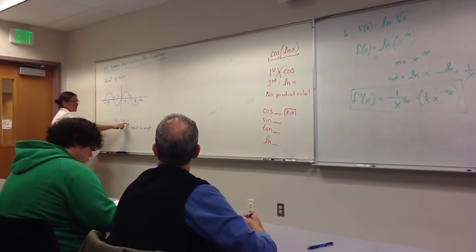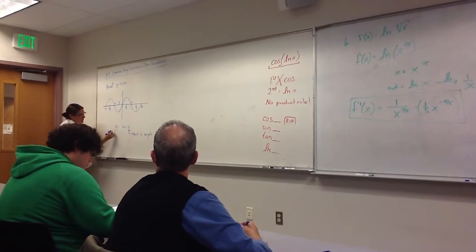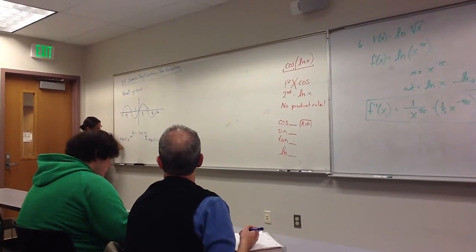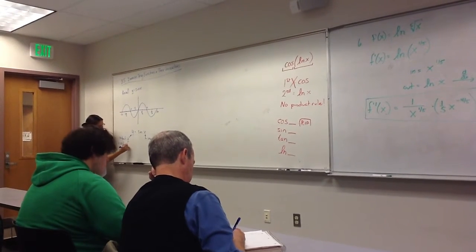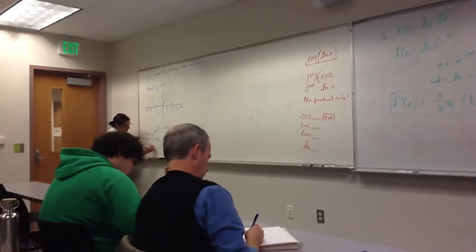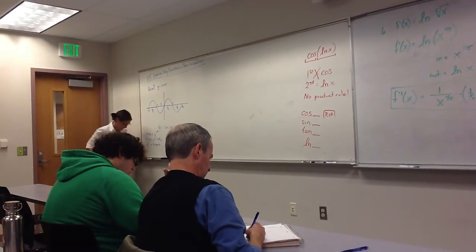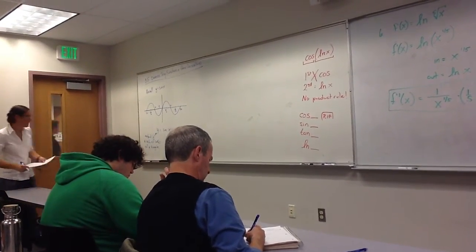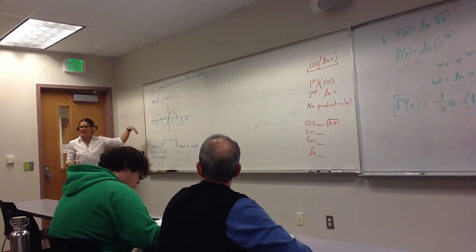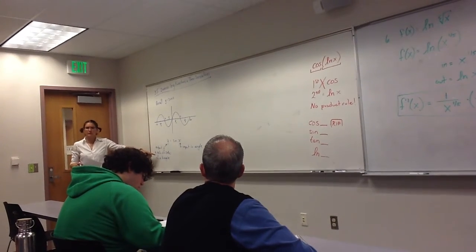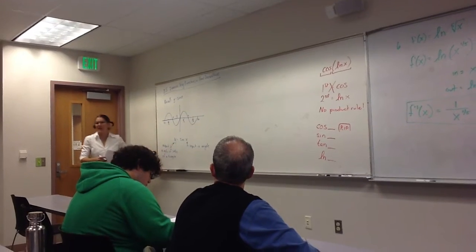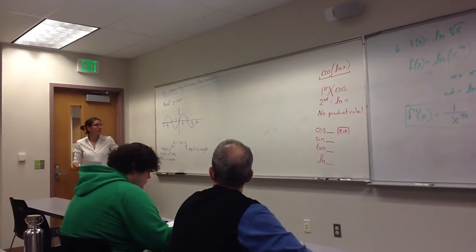And so when we input an angle, the output that we get, the y value, is a ratio of sides of a triangle. We can also think of this, if I think about my trig function as y values on the unit circle, then the output is a y value on the unit circle as well. But the input is an angle, and the output is a ratio of sides.